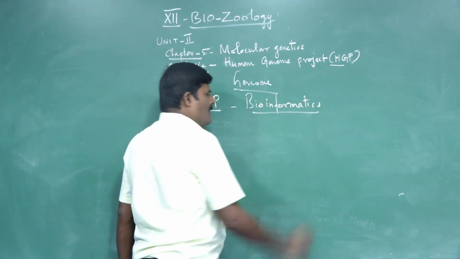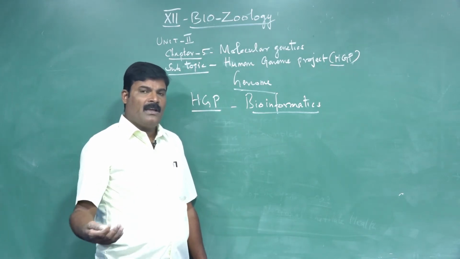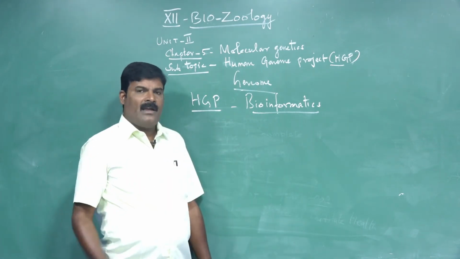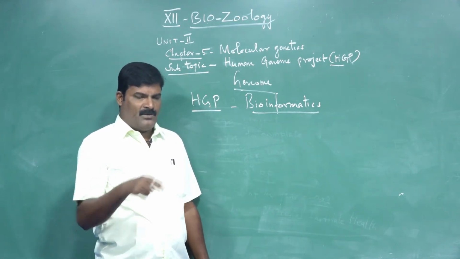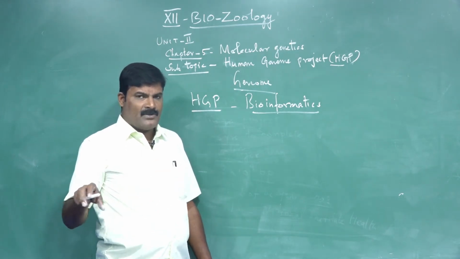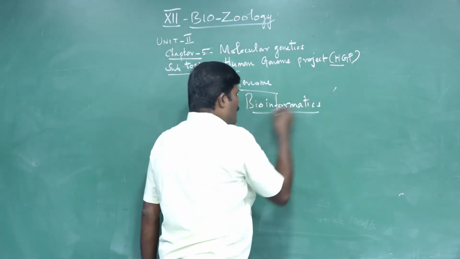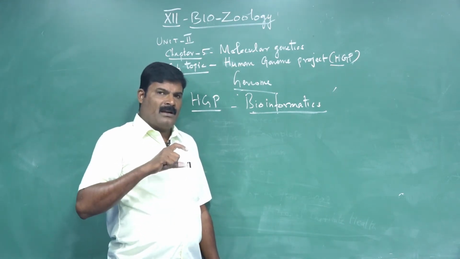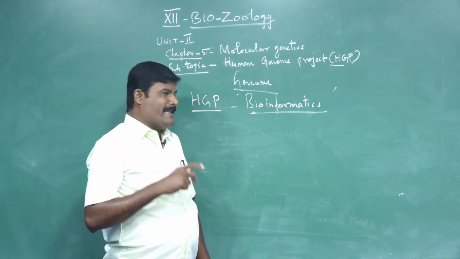What is bioinformatics? It is the collection of biological information, particularly DNA sequencing and all the information related to the human. Bioinformatics is a highly important field that developed with the HGP.